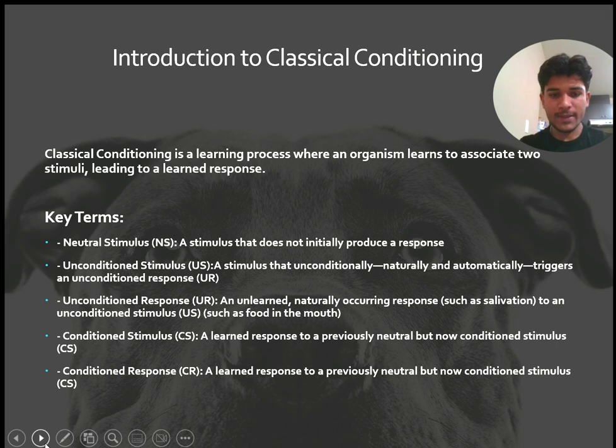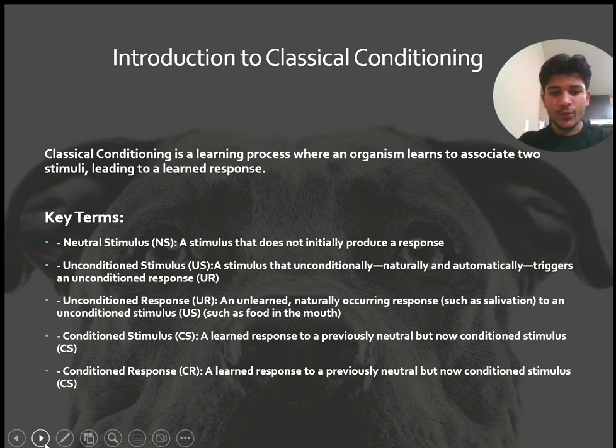The second term is the unconditional stimulus. It's directly opposite to the neutral stimulus. An unconditional stimulus originally and automatically gives us a response, naturally, and that natural response is called the unconditional response.